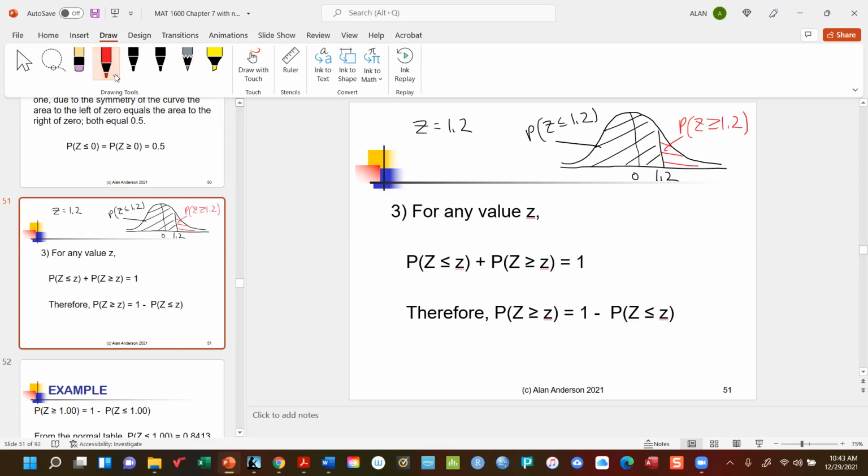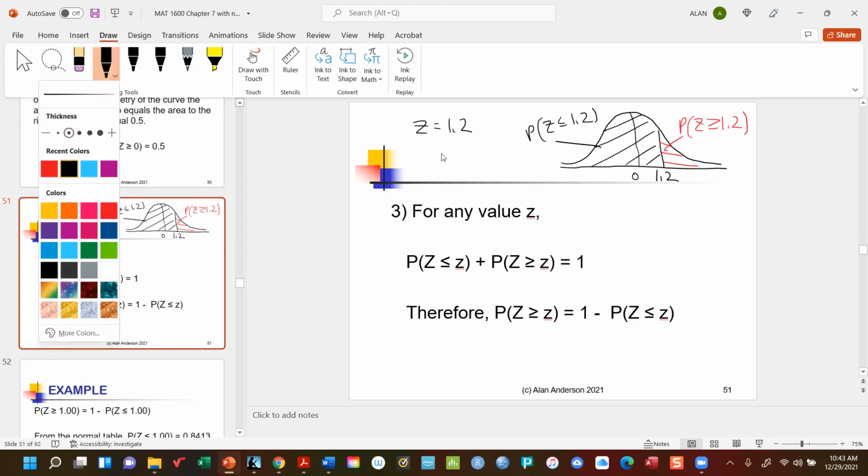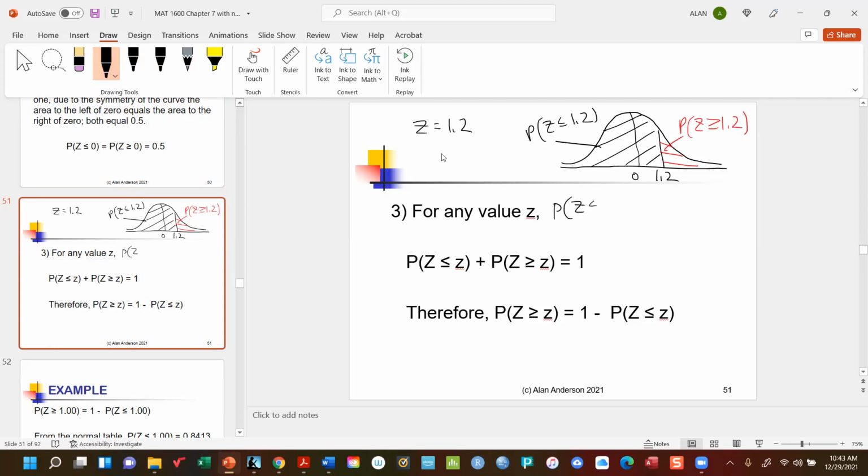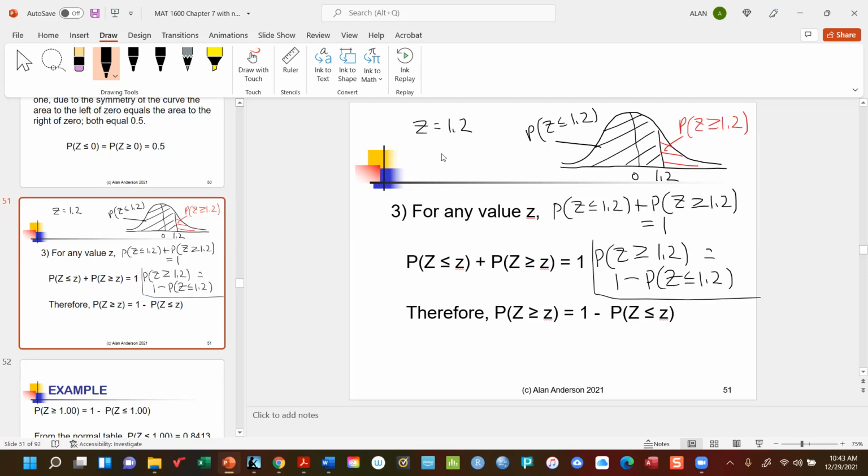So the important detail here is this. Both of those cover the entire normal distribution. So they must add up to 1, which implies that algebraically, oh, here we go. This is the key right here. So that means if you need to calculate a probability which is not less than or equal to, but greater than or equal to, this is how it's done.